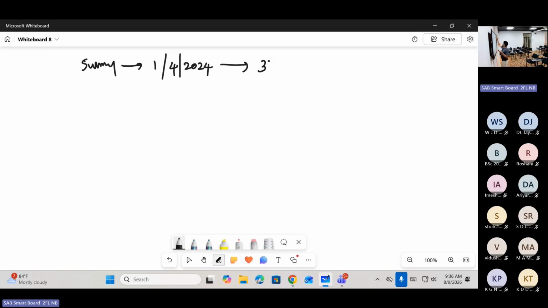What's the group? Sunny. The period is 1st April 2024 to 31st March 2025. It's a financial year. We are supposed to do the statement of financial position.